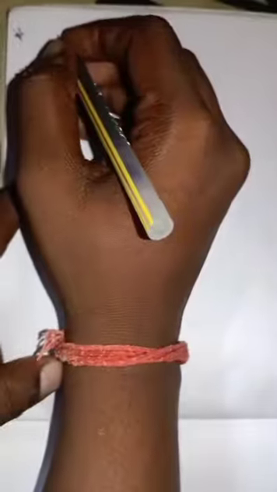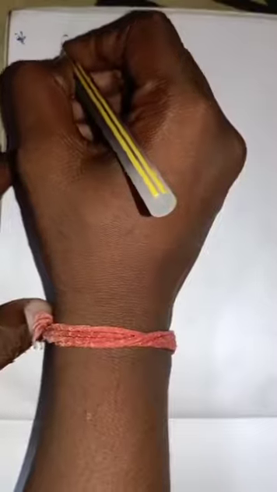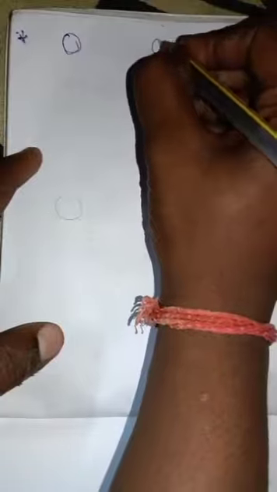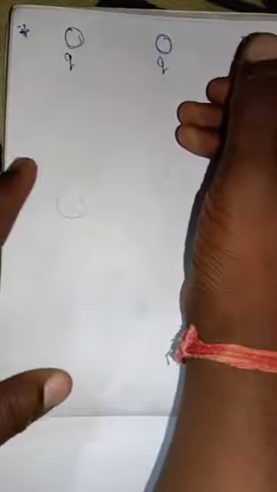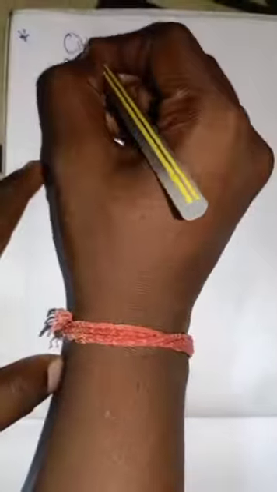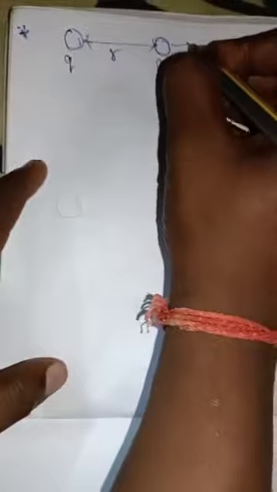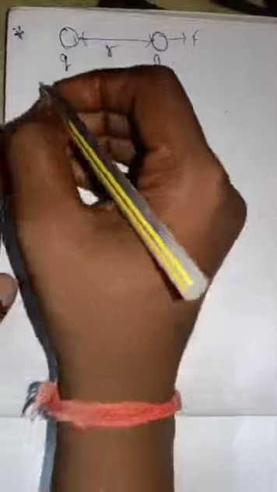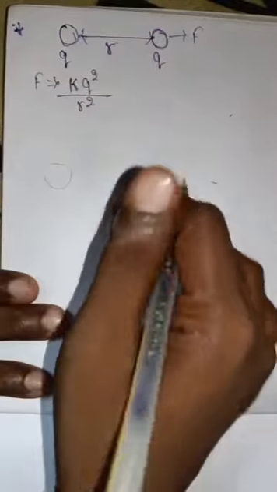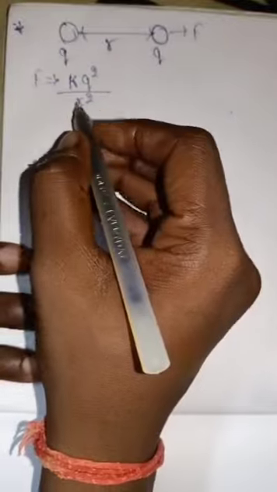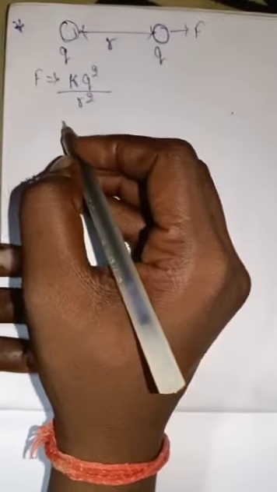So in this case, they are given two charges of equal magnitude at a distance of r exerting a force F. Let force F be equal to kq square divided by r square, because the magnitude of both charges is the same, so kq square by r square.